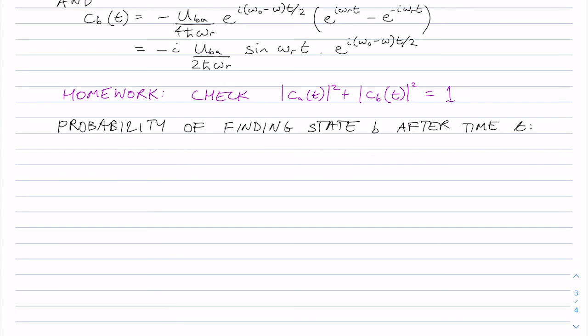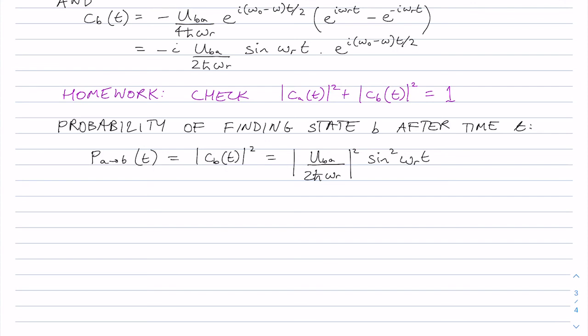And so that is the probability of going from A to B at time t, and that's equal to CB of t squared, which is equal to this (UBA over 2 h bar omega r) squared times sine squared of omega r t.